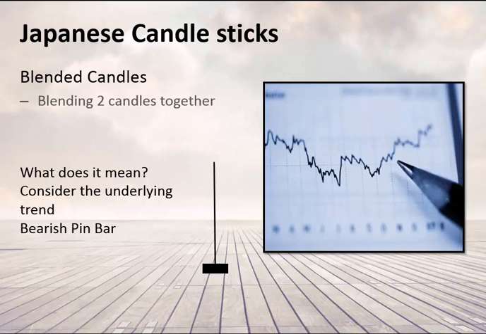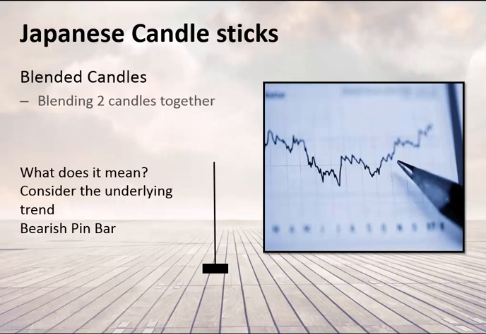Okay, now whilst it's bearish, it's even more bearish when we consider it in the context of the underlying trend. If we're seeing this and we're in a very strong uptrend, then certainly it's evidence of lots of supply coming into the market, maybe some profit taking as an example.